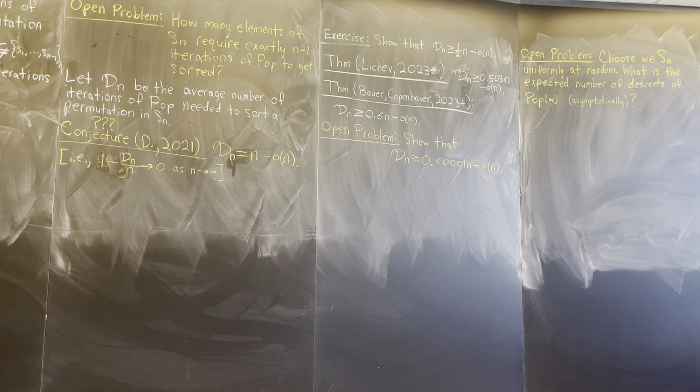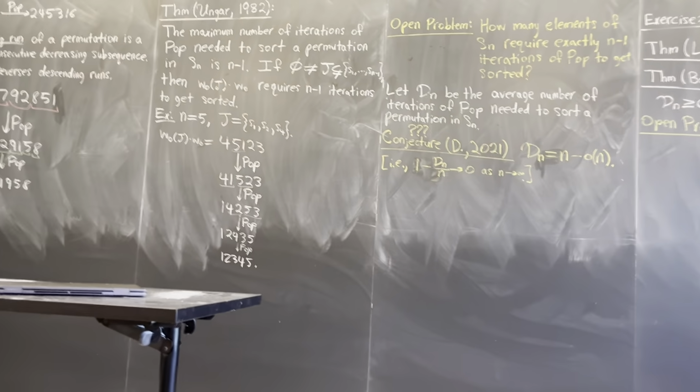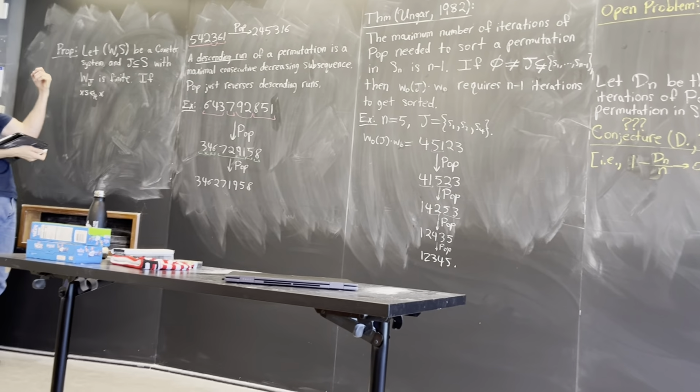So if xs is covered by x in the right weak order, okay, so remember, this is my notation with the dot, that means a covering relation.